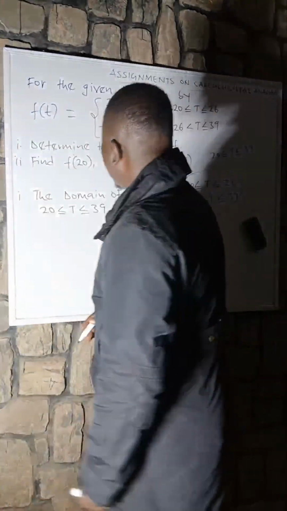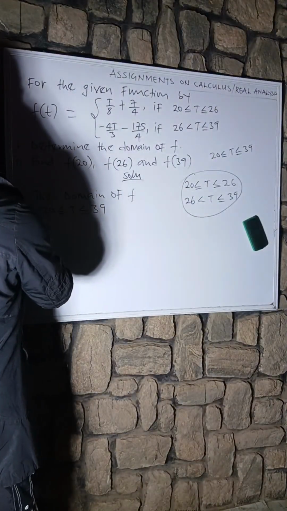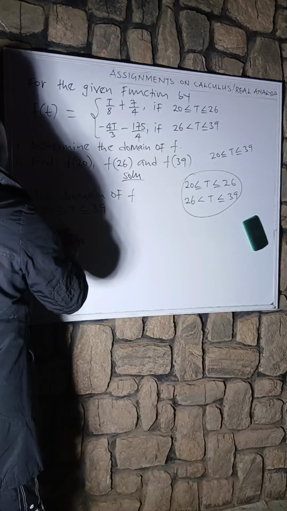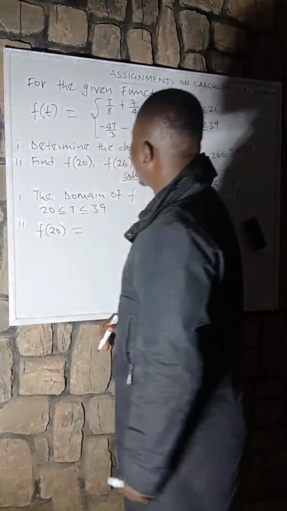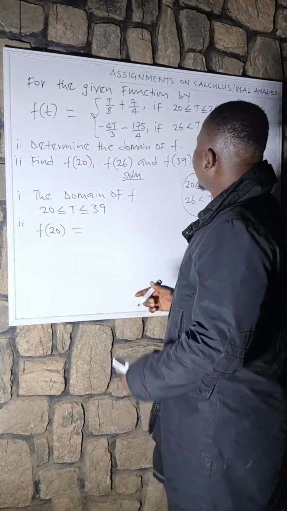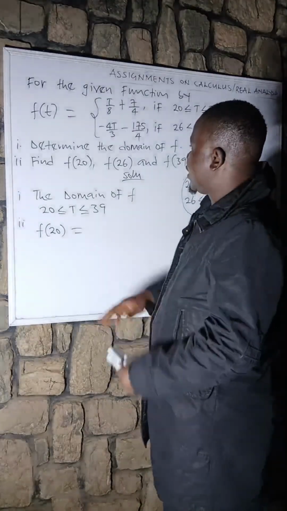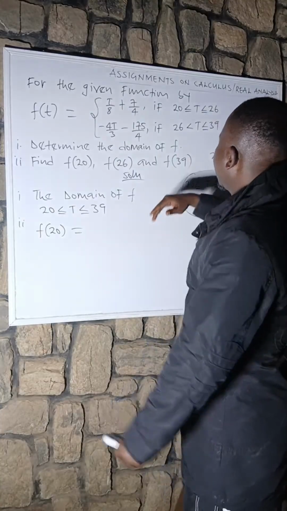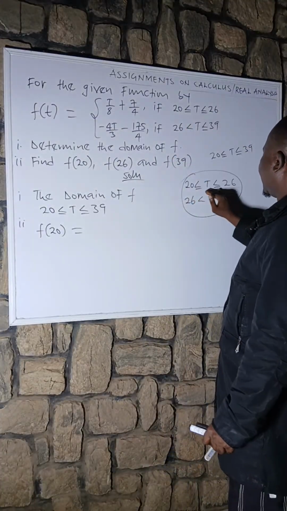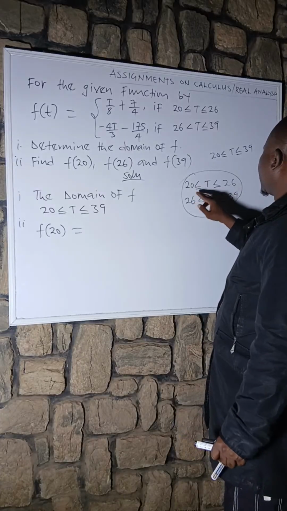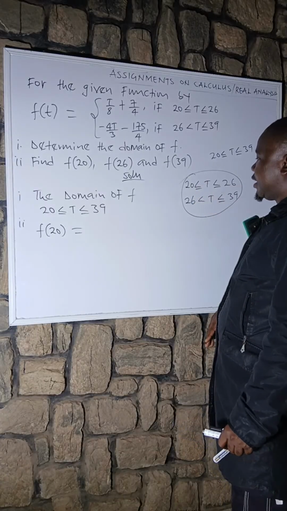Then let's go ahead to consider I. That is one of them, f of 20, which is equal to... What you should consider here first is, we should find f of 20 here. When you look at this interval, t is in between what? 20 and what? 26.